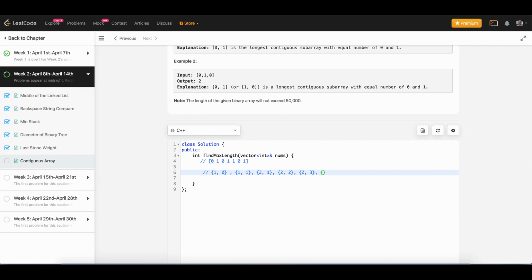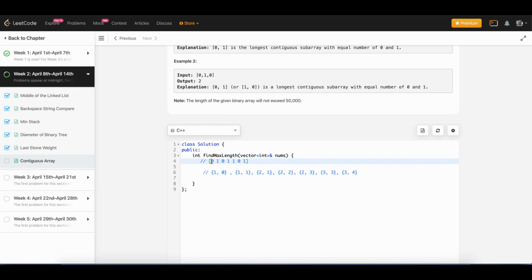In the sixth position, total number of 0 is 3 and total number of 1 is also 3. And in another position we see that total number of 1 is 4.